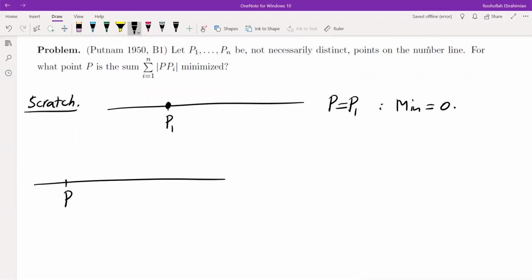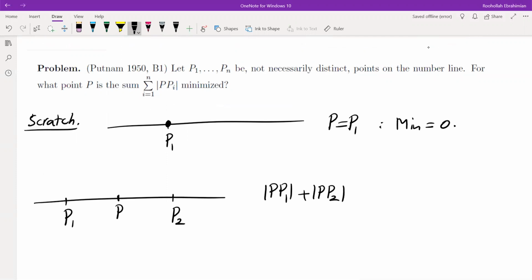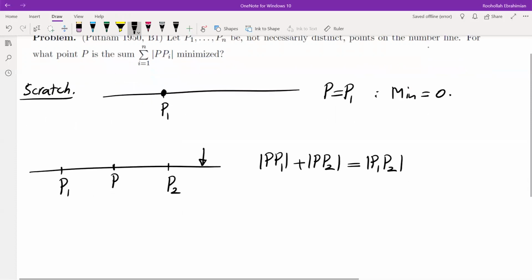If you have 2 points, and they did mention that the points could be the same, so they're not necessarily distinct. If the point that you're taking is in the middle, then the distance between P and P1 added to the distance from P and P2 would be the distance between P1 and P2. And if it is outside of here, then it would be larger.